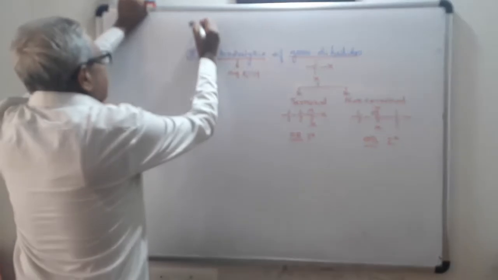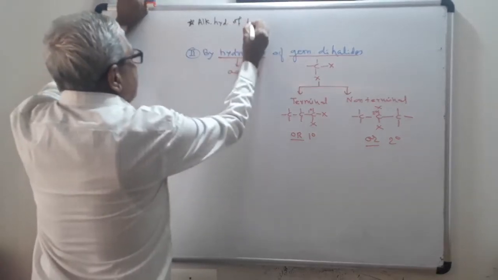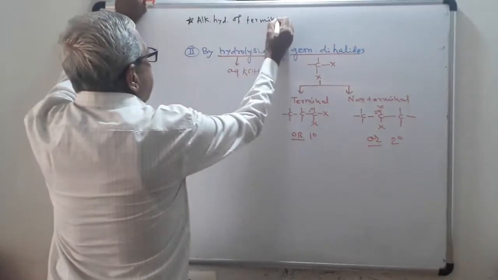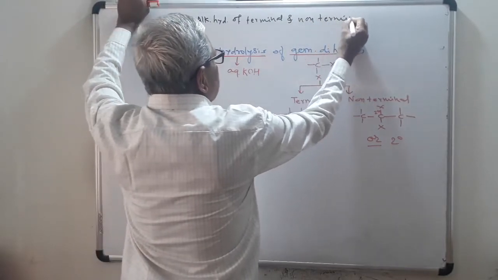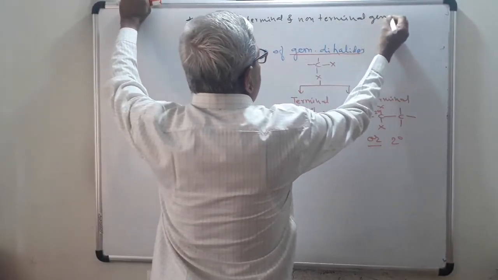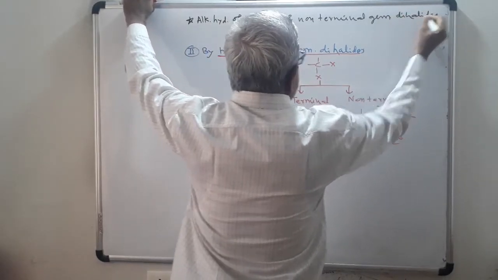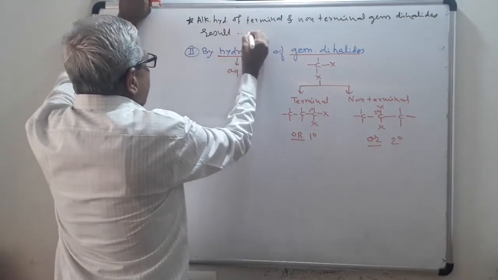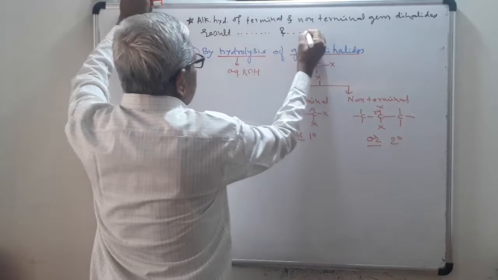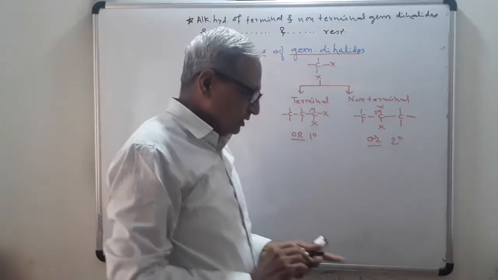The question is: alkaline hydrolysis of terminal and non-terminal geminal dihalides results in dash dash and dash dash respectively. So this is the important question here.